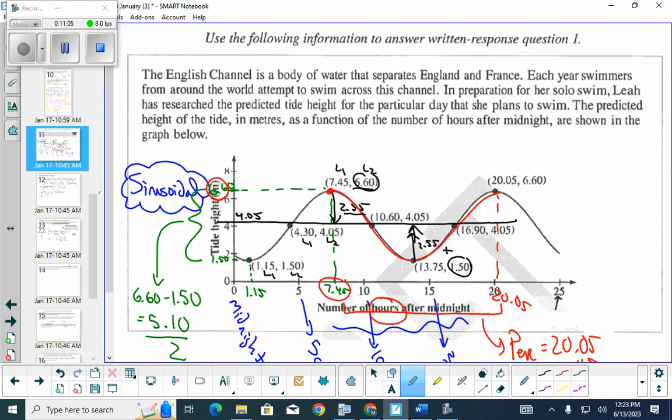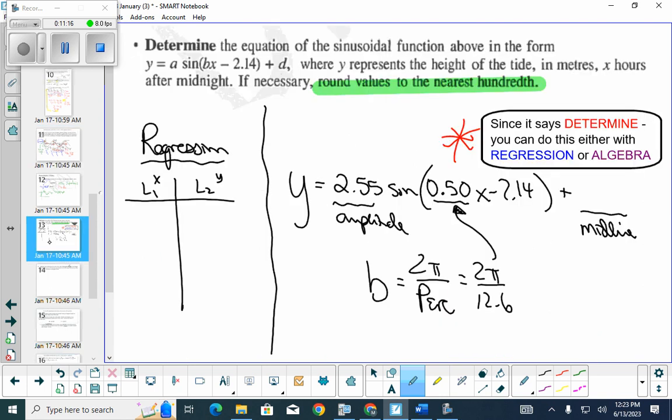Yes, that's right, because notice these points are at 4.05. They're on that midline. So the midline is 4.05.